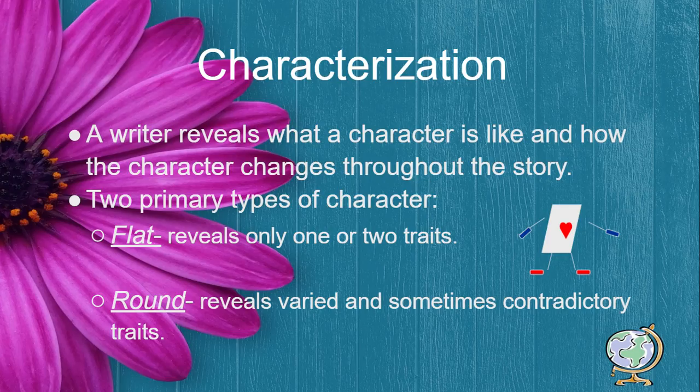Characterization is when a writer reveals what a character is like and how the character changes throughout the story. 2 primary types of characters are flat and round. The flat character reveals only 1 or 2 traits. The round character reveals varied and sometimes contradictory traits.